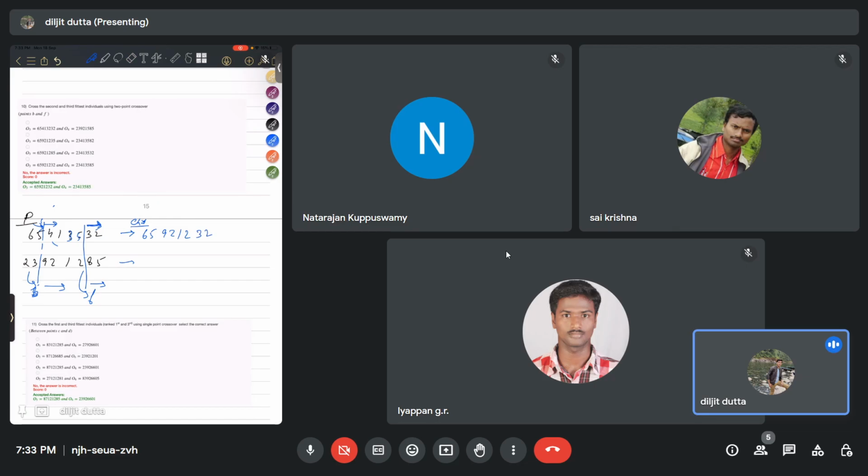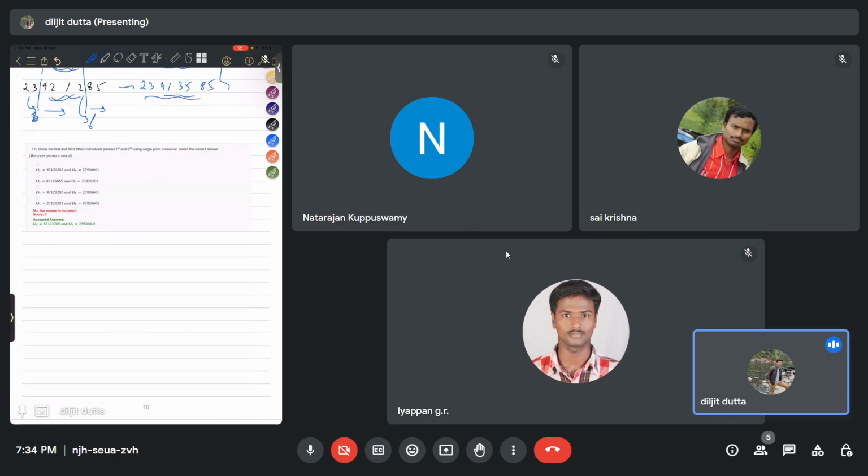So it is changing only this part of the string: 2 3 4 1 3 5 and last is 8 5. We are taking two crossover sites, and whatever portion comes in between the two crossover sites will be changed. So this is the solution: 65921 32 and 2341 35 85.